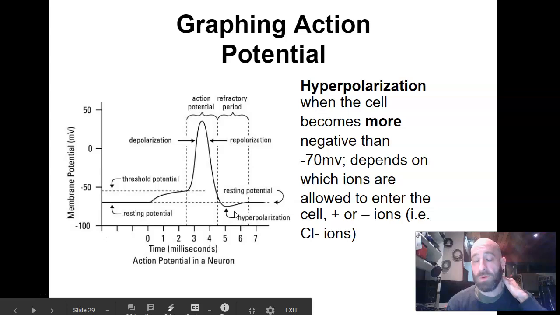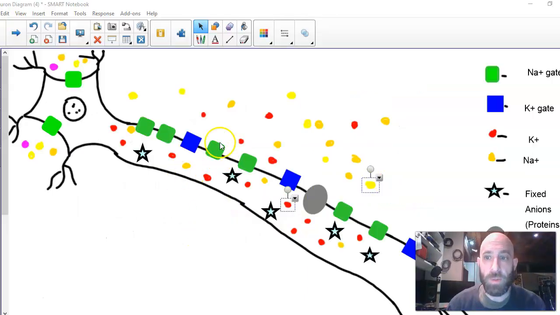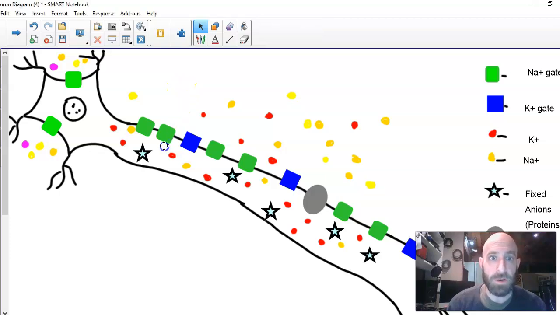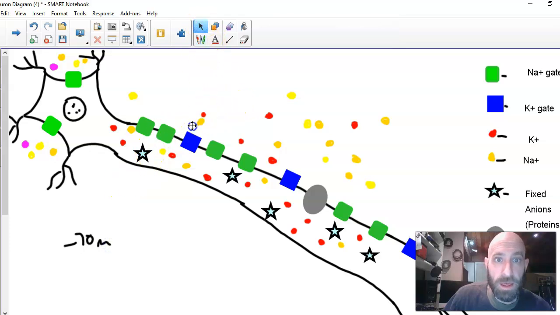That is called hyperpolarization. And it takes a little bit of time for the sodium-potassium pump to put things back where they belong. So if I go back to my diagram here, during an action potential, sodium floods in. If it's at -70 millivolts, those sodium ions come in, causing it to depolarize and go all the way up to +30 millivolts.